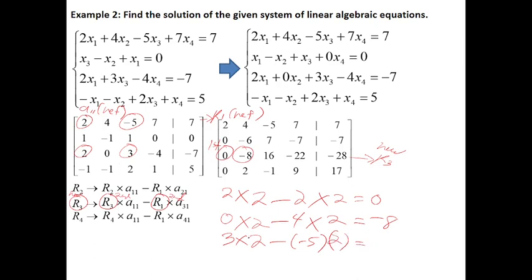Ano yan? 6 plus 10, 16. Okay? Then, negative 4 times 2 minus 7 times 2. Ano yan? Negative 22. Negative 8 minus 14. Ayun. Okay?